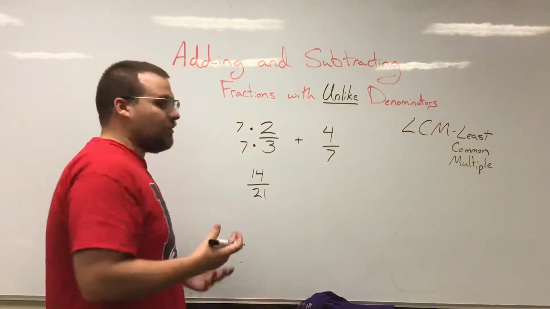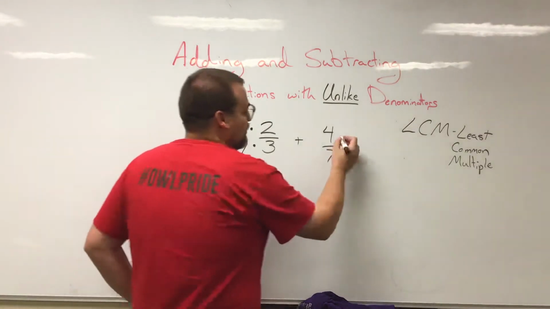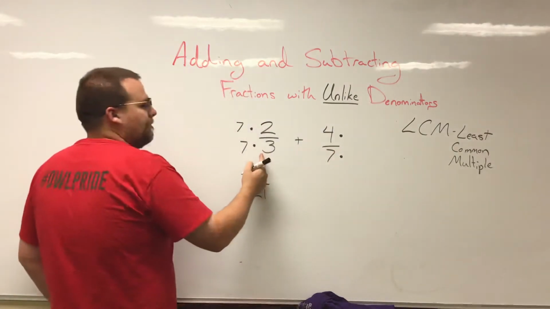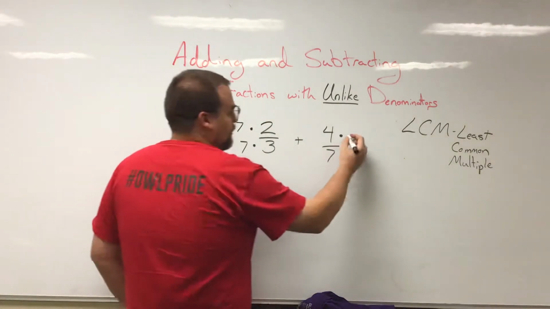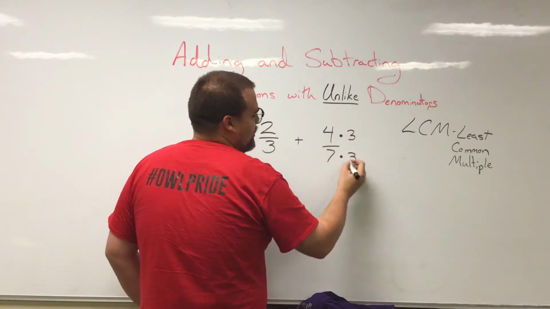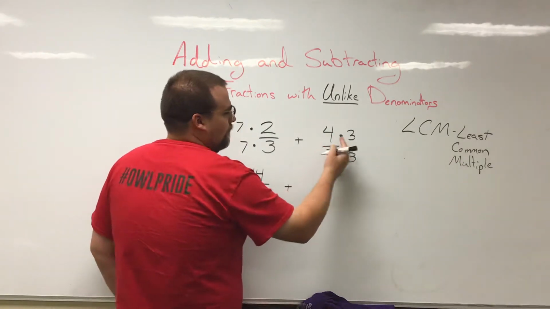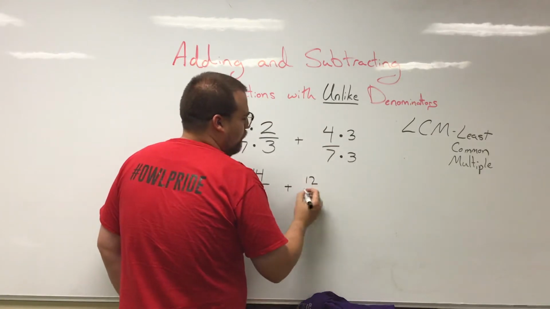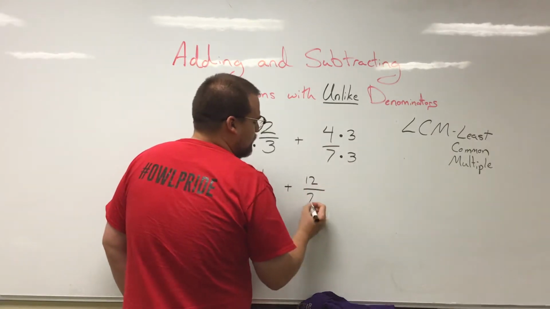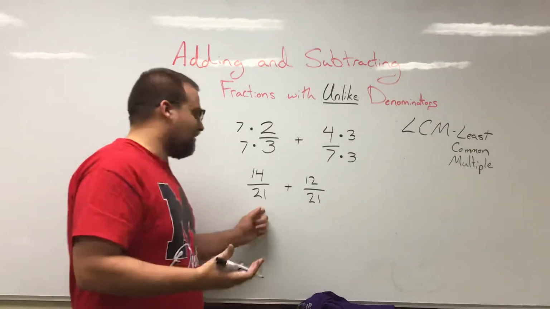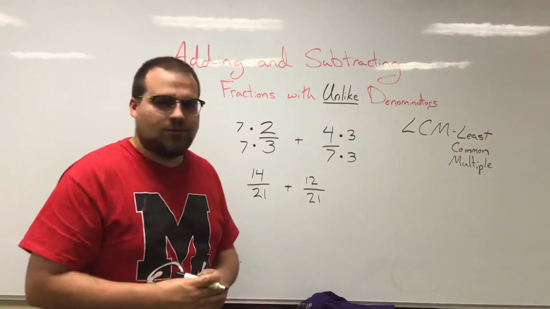And the reason we want to write it like that is because if we multiply each of these numbers by this denominator, multiply 4 by 3 and 7 by 3, then 4 times 3 is 12, 7 times 3 is 21, with, guess what? Like denominators.